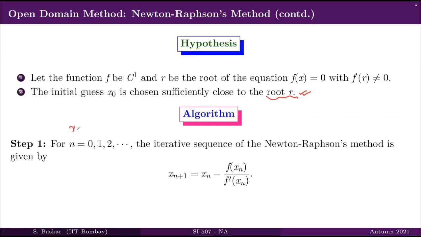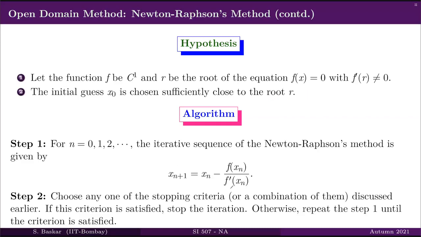You are given x0, then for every n = 0, 1, 2 and so on, we define the Newton-Raphson iterative sequence as x_{n+1} = x_n - f(x_n) divided by f'(x_n). Well, coming to the stopping criteria, as I told in the previous lectures, we have already discussed the stopping criteria for regula falsi method.